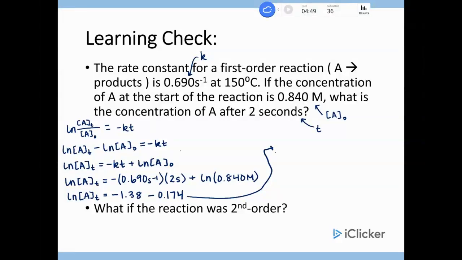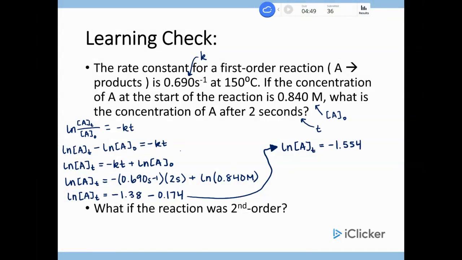Going to continue this on the right side. All right, so multiplying seconds together, seconds to the negative first power, negative 1.38. Natural log of this value, negative 0.174. So now natural log of A at time t is equal to negative 1.554.